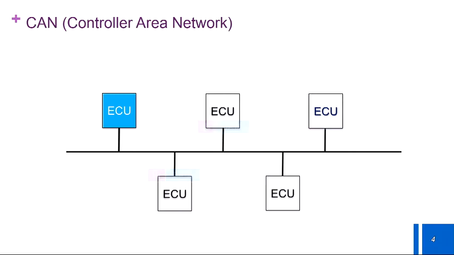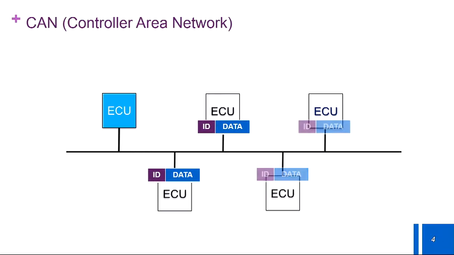So in CAN, which is the de facto standard for in-vehicle networks, ECUs, which are basically components of your cars, which actually control your car, broadcast messages on the bus. Those messages contain information about the wheel speed, steering wheel angle, and so forth.